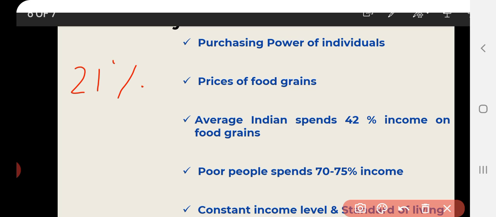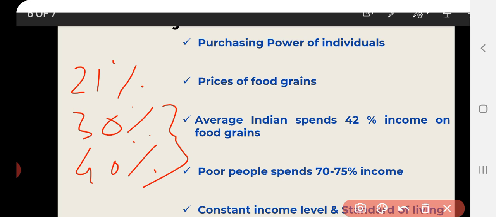And the 30% of the lower income group and 40% of the middle income group, the population which comes under these two categories, their income level was stable during those years.